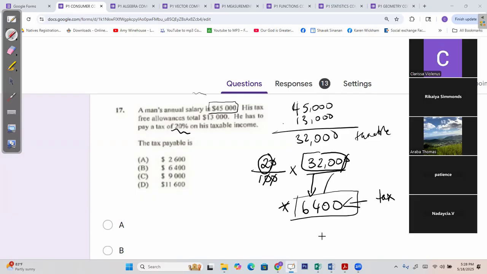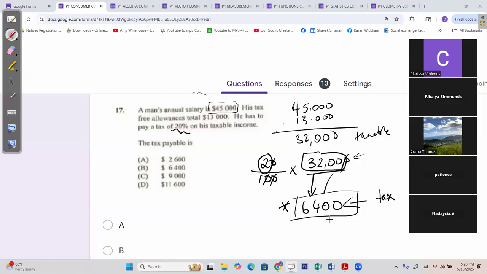Guys, no. That's why I asked, guys. No. You know why? Even though this is the difference, even though this is his taxable income, this is just the figure that allows us to tell how much tax he's going to get. But remember, your tax does come out of what? Your tax is going to come out of your salary.